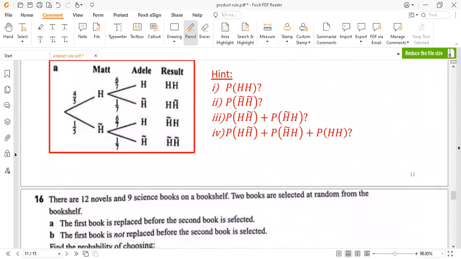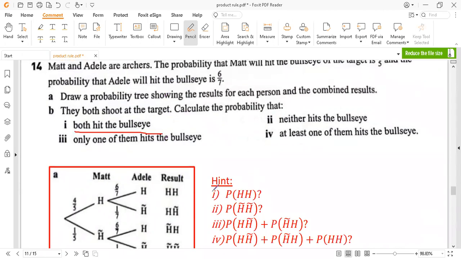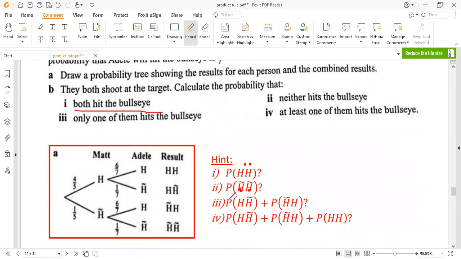Also here it is very easy to know both hit, double, for example, bullseye. So normally, hit the first time and hit the second time. Neither hits, so not hit, not hit. And only one of them hits the bullseye.